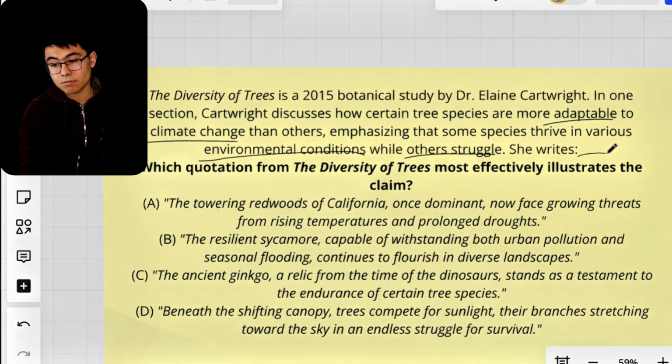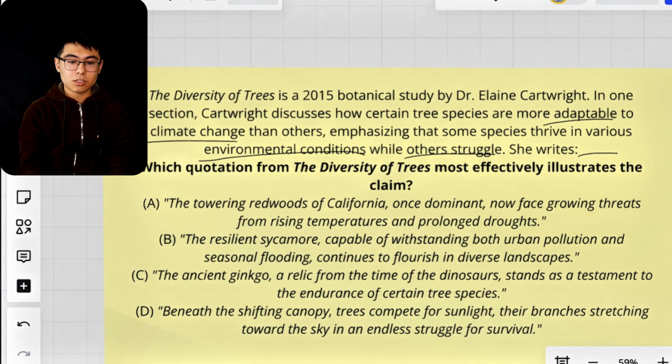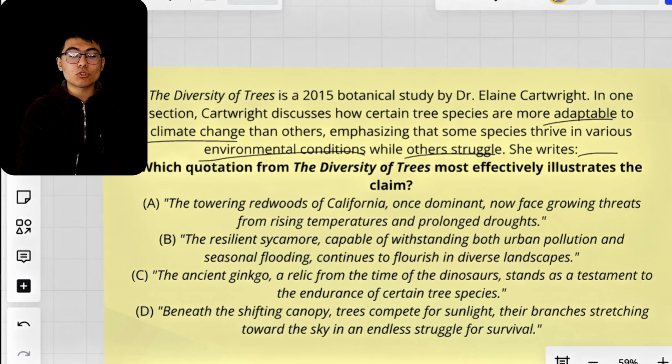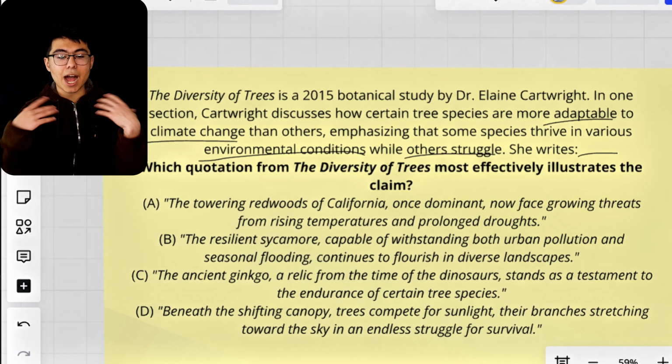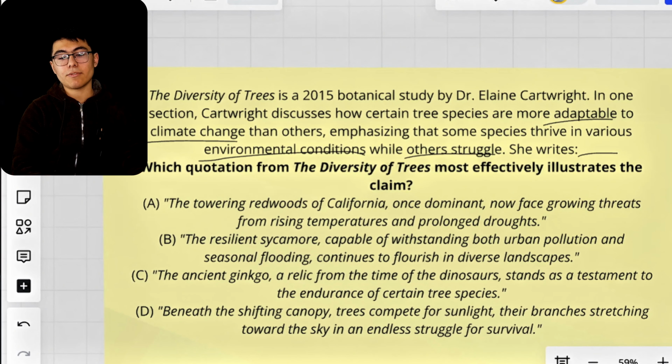She writes, here we have a blank. So it says some tree species are more adaptable to climate change than other tree species. So the correct answer choice should illustrate this idea, meaning it should describe tree species that could thrive even though there are environmental challenges. For example, it could be climate change as well.